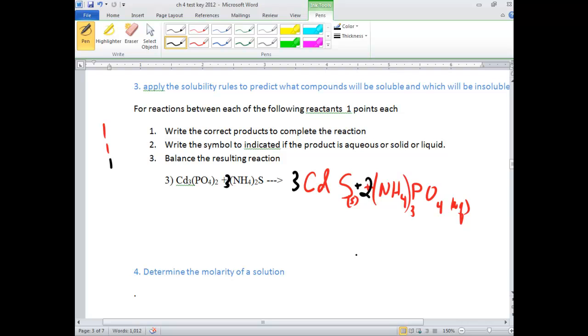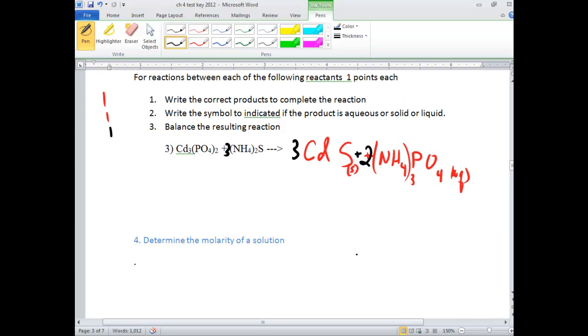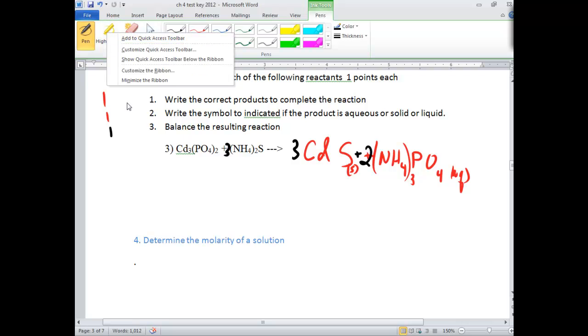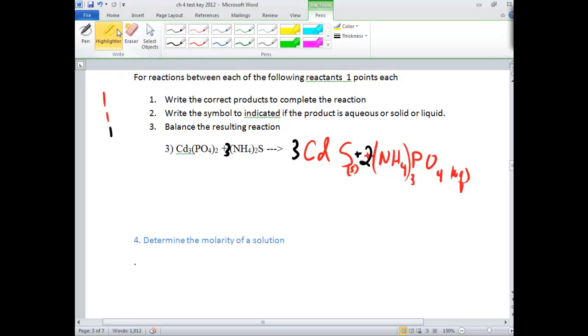So in problem number 3, we were going to do 3 things. Write the correct products. Well, here we have 2 ionic compounds that at least we are assuming they are, this reaction will not write if they're not in solution. So even though it appears that this one may not be real soluble, there must be enough of it dissolved to make a solution.